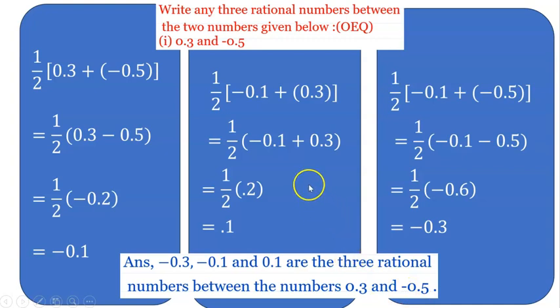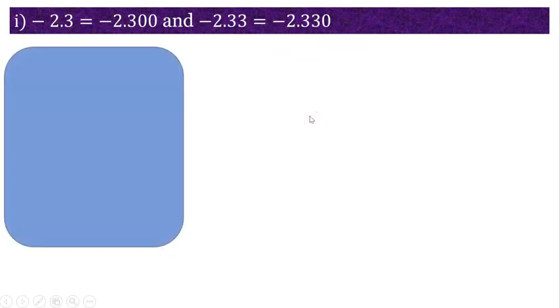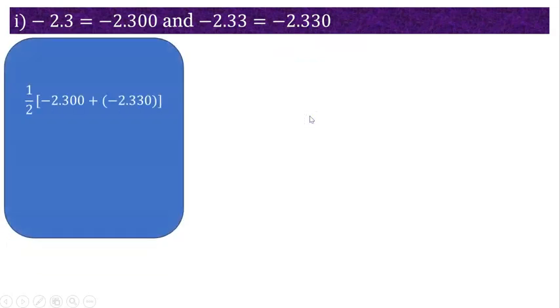We can find using this method also. Next, the numbers between minus 2.3, which means minus 2.300, and minus 2.33, that is minus 2.330. Now see here, again the same method.